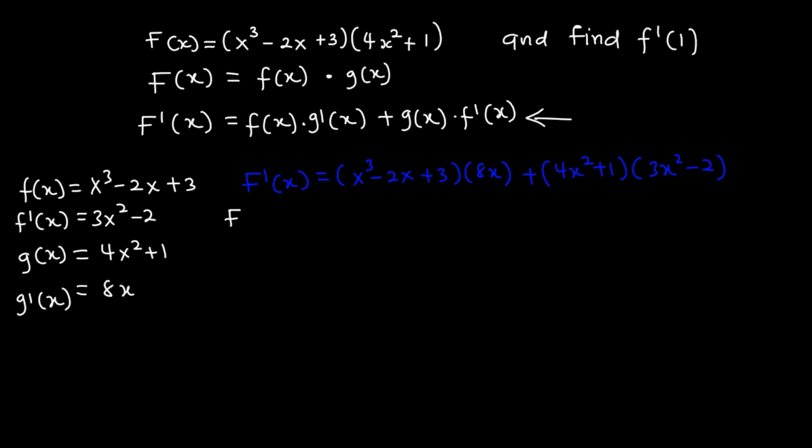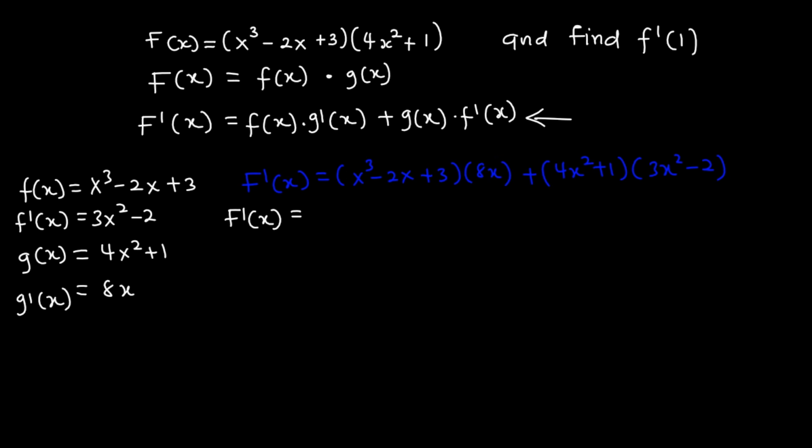I'm going to have F prime of x equal to, so let's expand the brackets. I'll simplify the first part first. We have x cubed minus 2x plus 3 multiplying 8x.